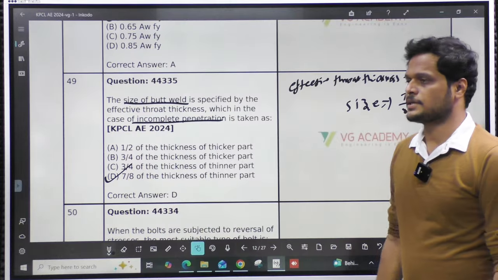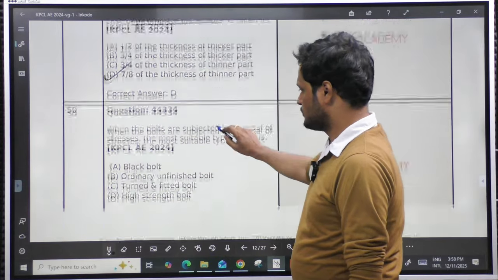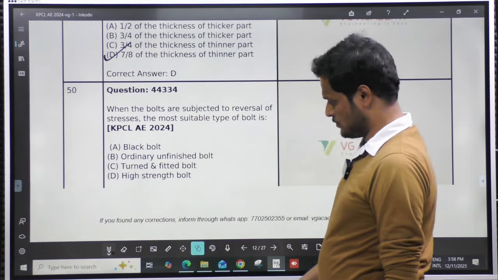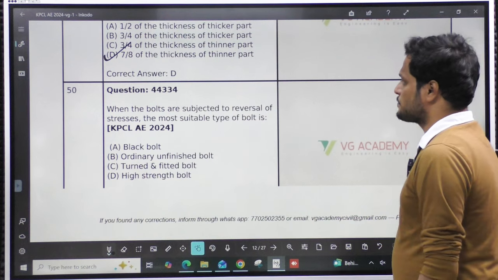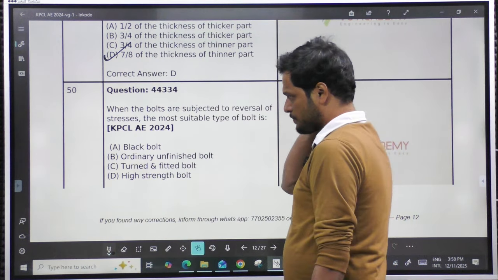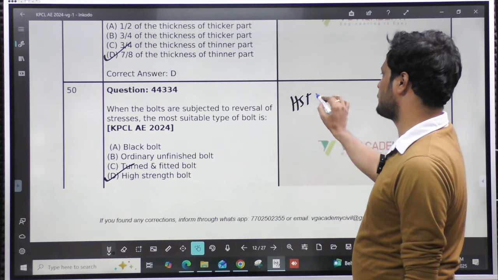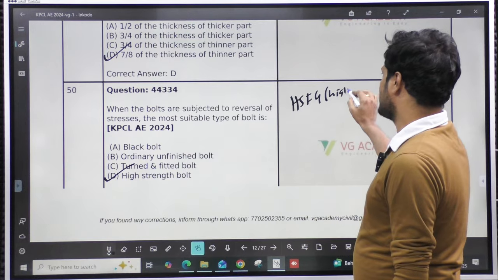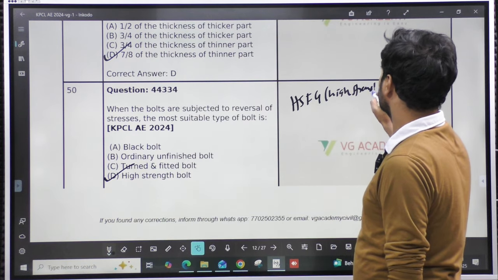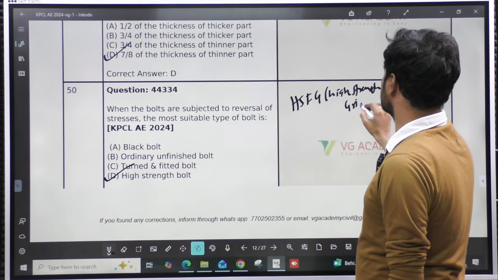So from steel structures, when the bolts are subjected to reversal stresses, the most suitable type of the bolt is, correct word is not there, so it's HSFG bolt, high strength friction grip bolts.